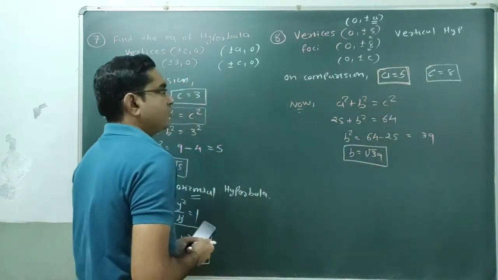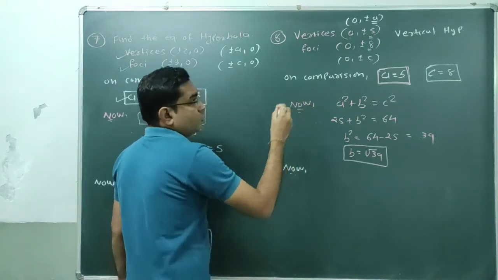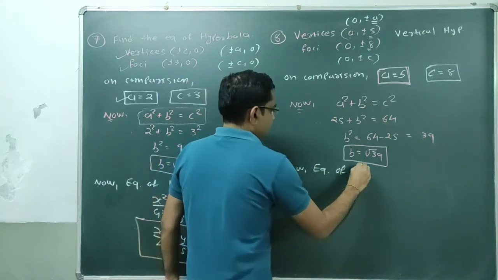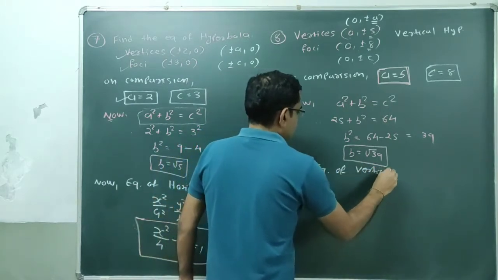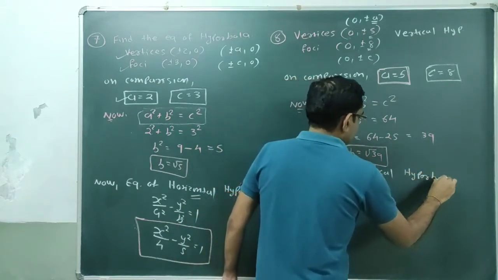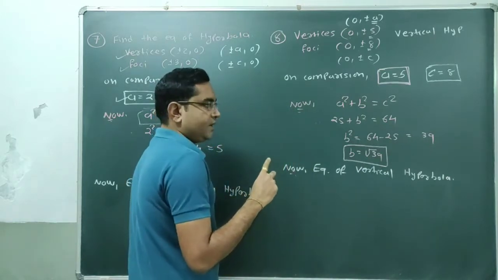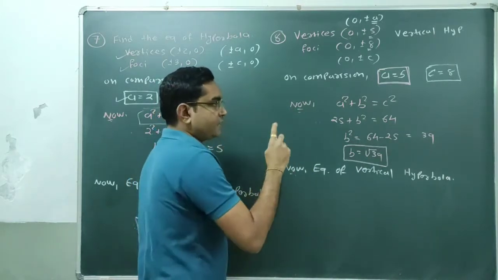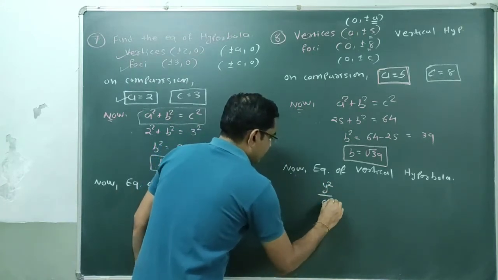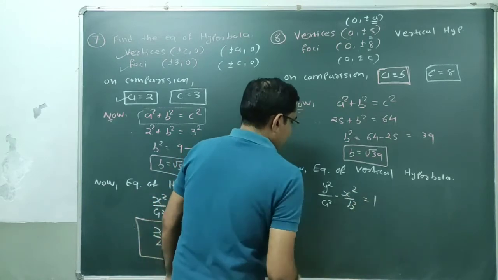Now we require the equation of the hyperbola. In the case of a vertical hyperbola, the coefficient of y square will be positive. So here we write y square by a square minus x square by b square equal to 1.